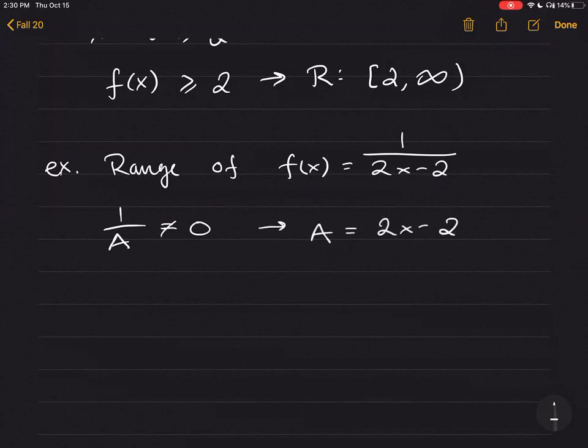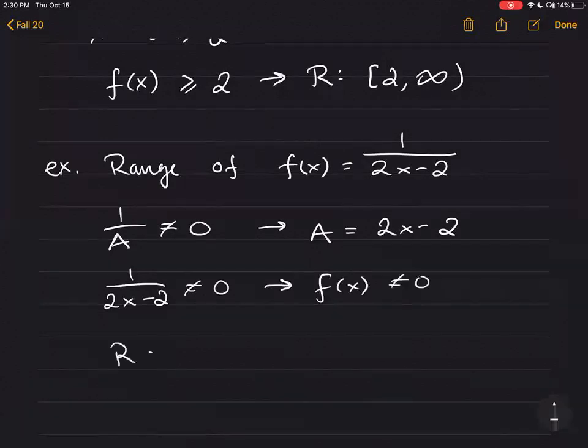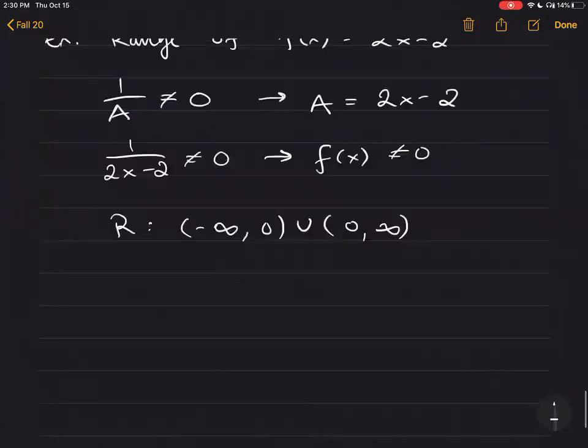So 1 over 2x minus 2 can't be equal to 0. And that's our function. So we have f of x can't be equal to 0. So this is going to be negative infinity to 0 union 0 to positive infinity, or if you so wish, all real numbers take away 0.